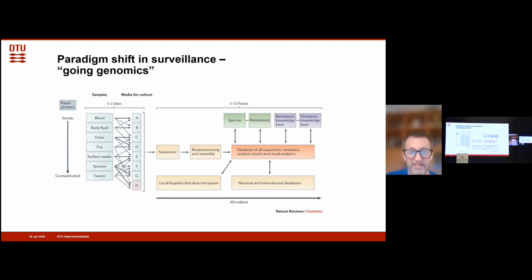If you have the genomes after the sequencing, then you can actually analyze them for various aspects like species. You can do cluster analysis. You can look for virulence factors, resistance, etc. And the beauty is that this takes not a lot of time compared to conventional microbiology.